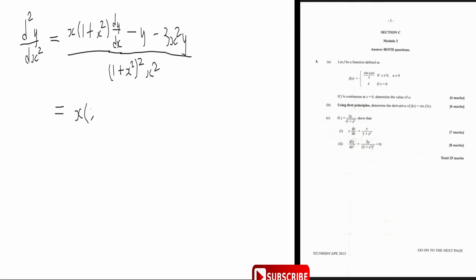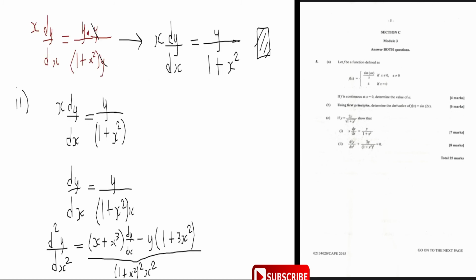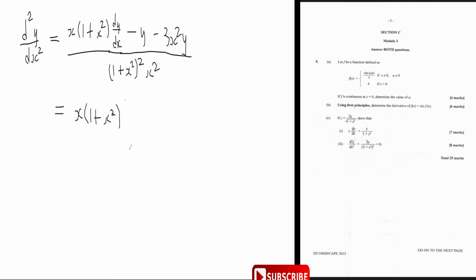So it's x times 1 plus x squared, and we had said that dy by dx is equal to, again, let's go back and look at it. It's y over 1 plus x squared times x. So dy by dx is y over 1 plus x squared times x.